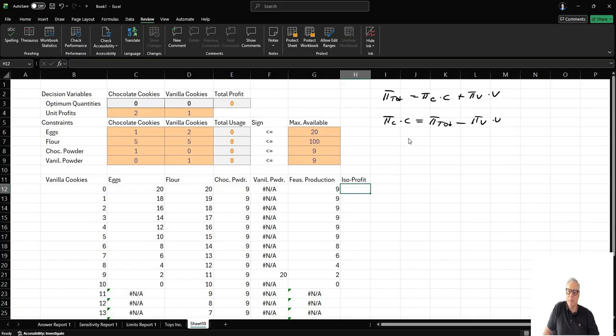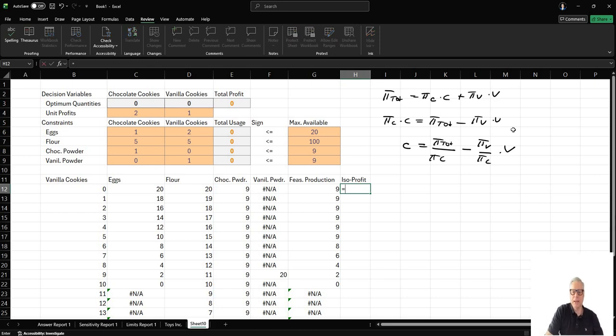Then we divide both sides by the unit profit of chocolate, and then we get the total over the unit profit of chocolate minus the slope, which is given by the unit profit of vanilla over the unit profit of chocolate times vanilla.